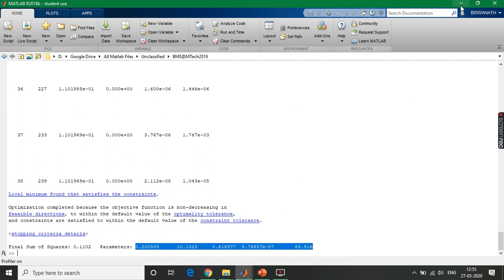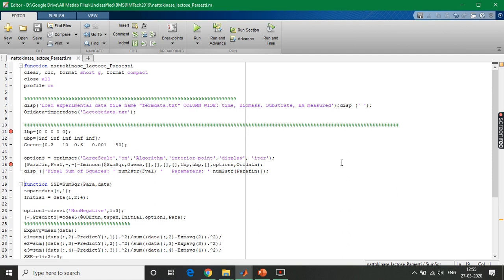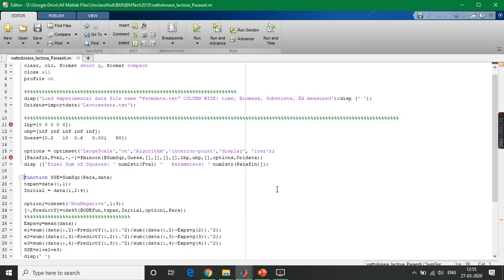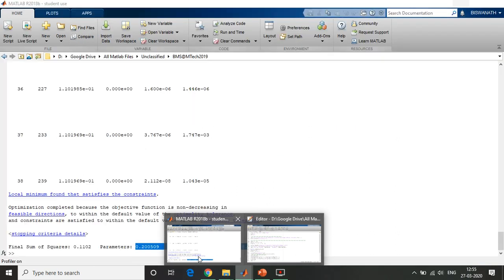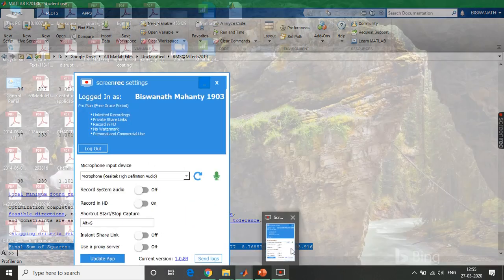So once you understand this aspect, you can see this will be our actual solution approach for finding out the parameters. So we have already completed the expression, and this is the parameter estimation approach as we have done till now.